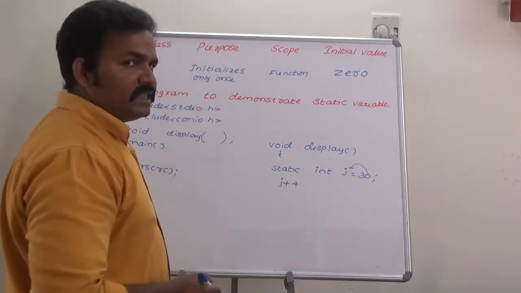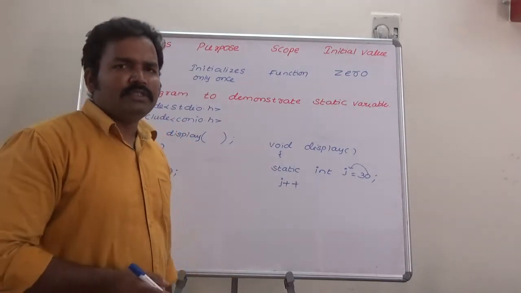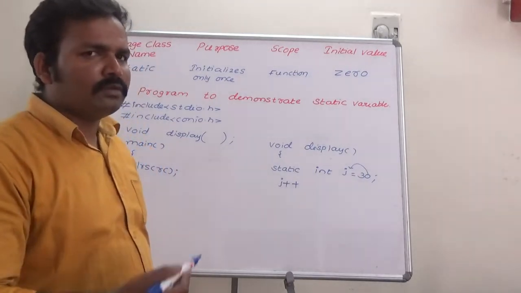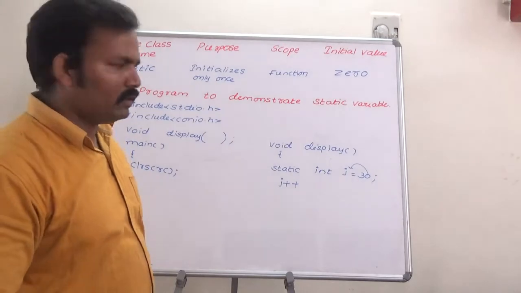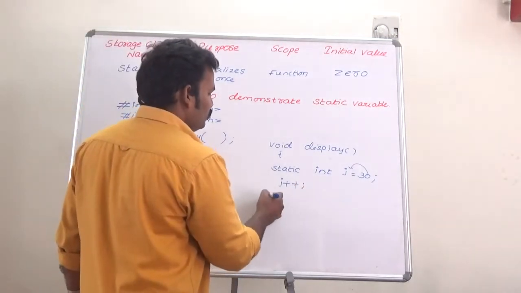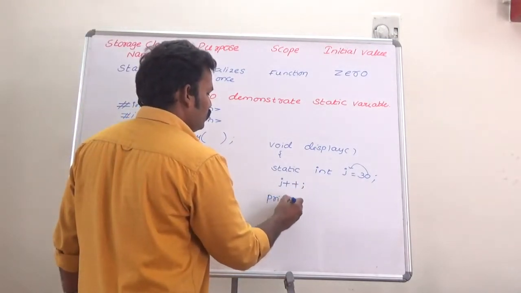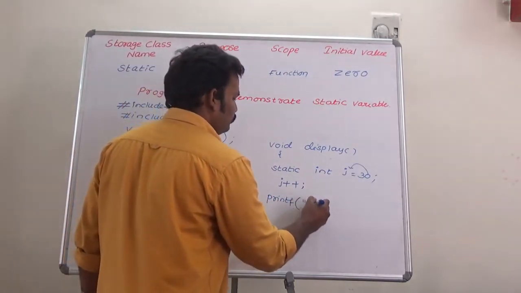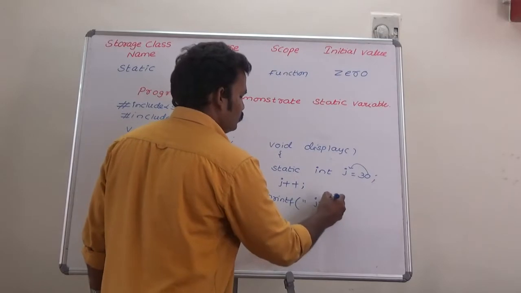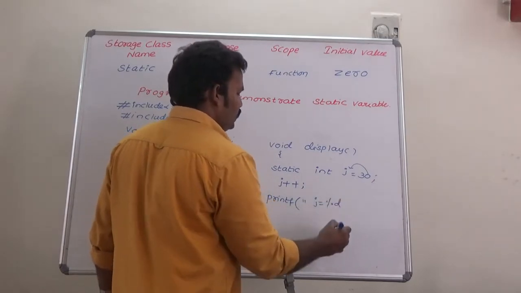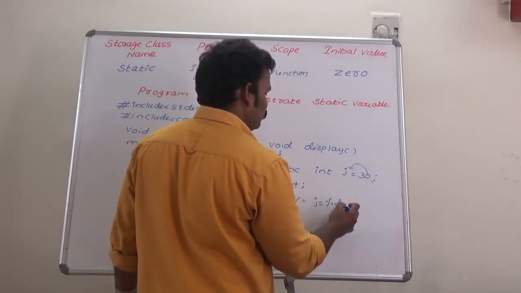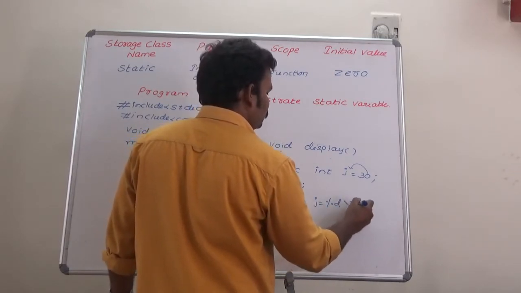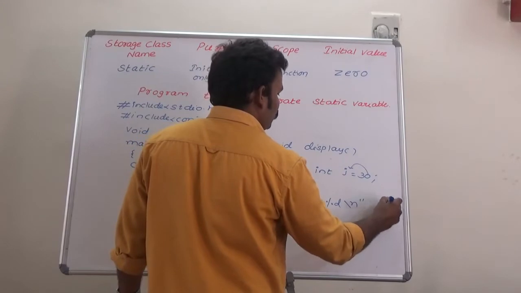Plus plus is the increment operator, which is used to increase the variable value by 1. It adds 1 to the operand or variable. Now I am trying to print the j value on the screen: j is equal to %d, \n, comma, variable name j.